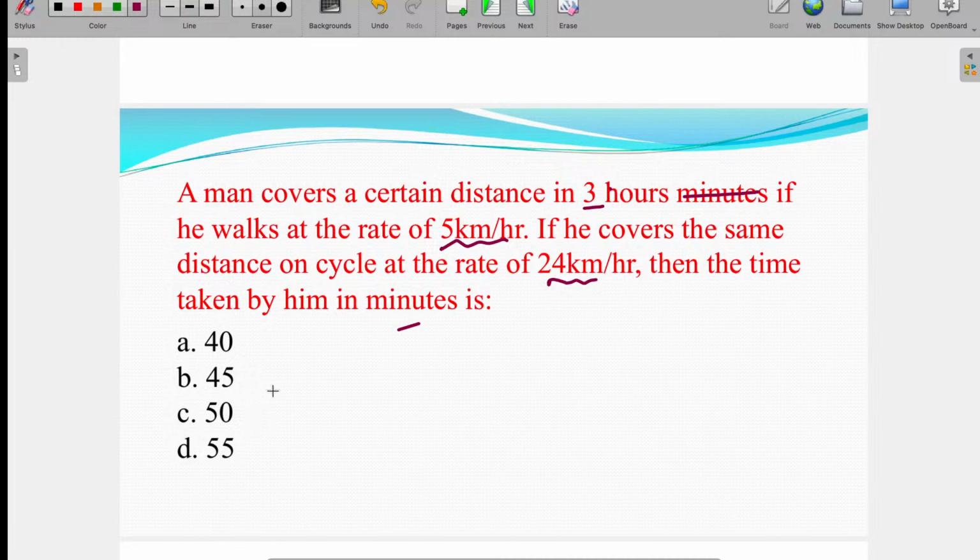Otherwise, I will check the question exactly. Wait, that PDF I will check.